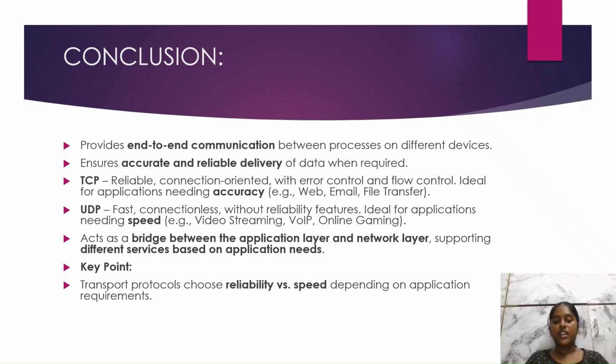Based on those needs, the communication bridge acts at the application layer, and sometimes at the network layer, based on the different features included in it. The key point is that transport protocols choose reliability versus speed depending on the application requirements.